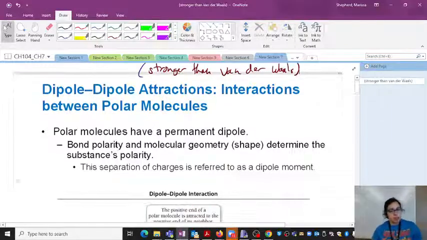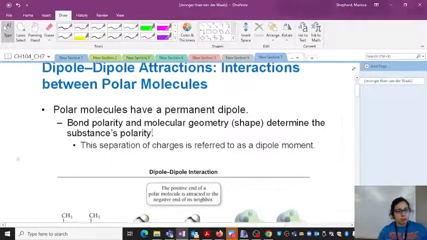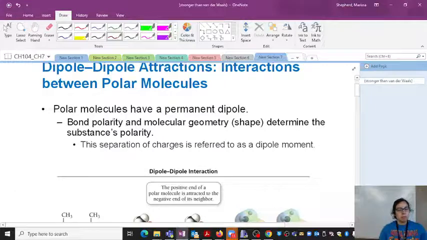And so with these dipole-dipole interactions, what they depend upon is our polar molecules. So previously, we had seen how to identify polar versus nonpolar. And so if you have a polar molecule, that means that it has a permanent dipole, and you also have some sort of unevenness where you have greater electron density on one side versus another.